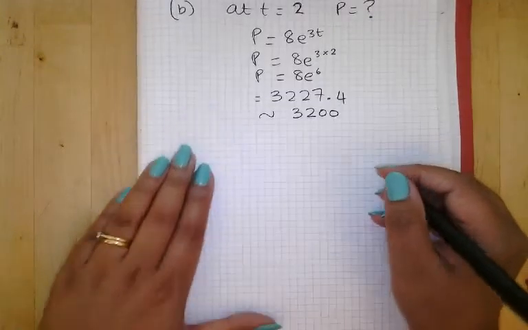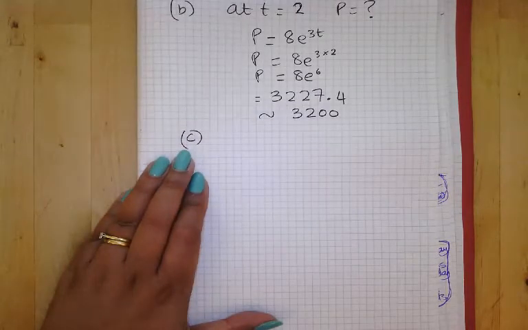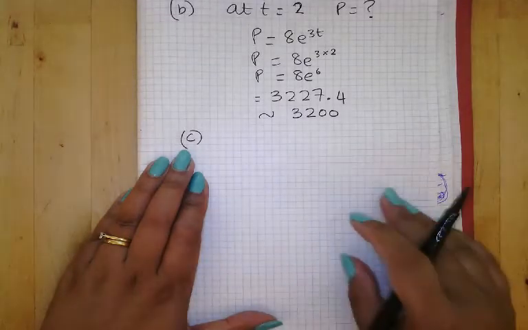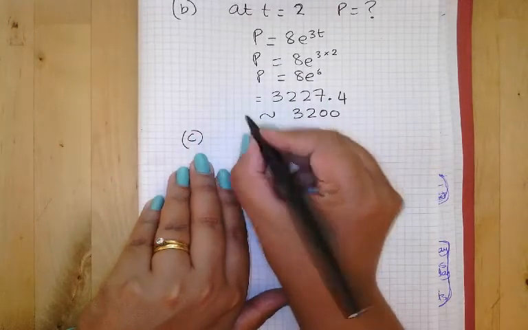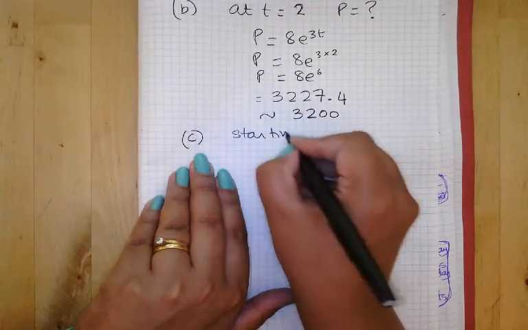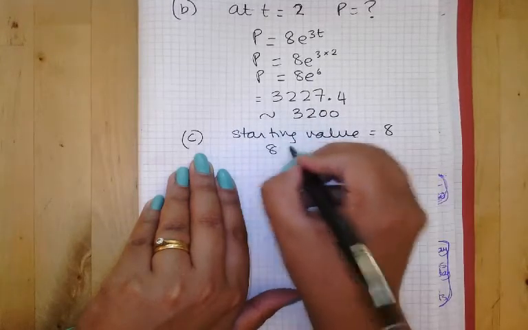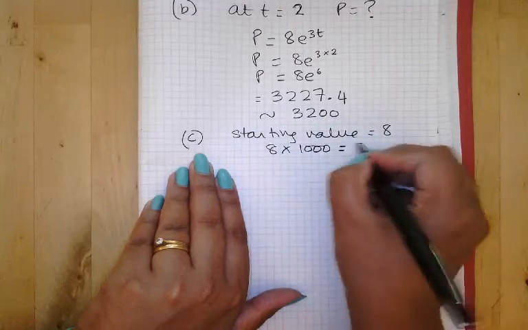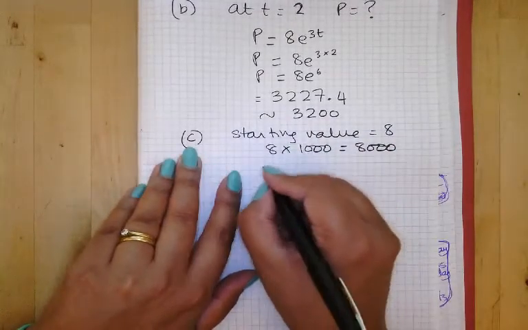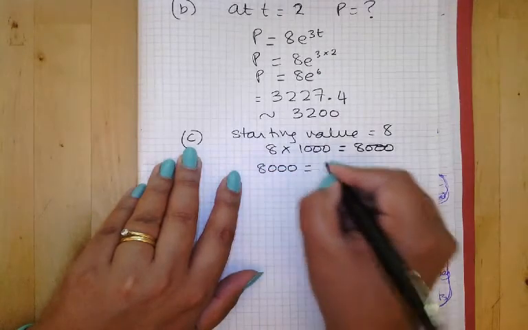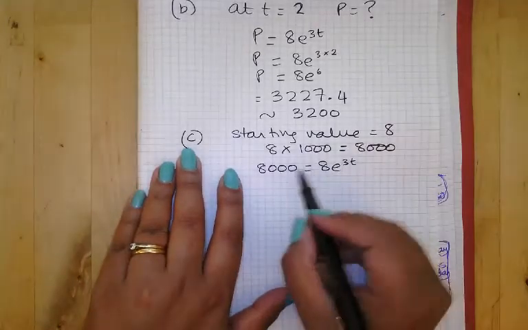Okay? Part C says, find the time at which the population will be 1,000 times its starting value. So, starting value was 8. 1,000 times will be 8,000. And I've got to find the time at which that happens, which means I am now trying to solve this equation. Okay, so I want to find what t is.